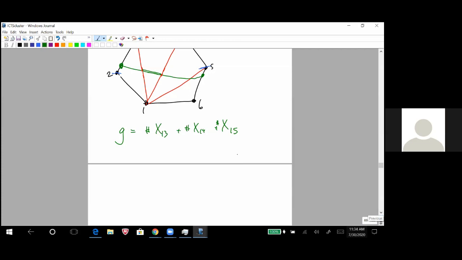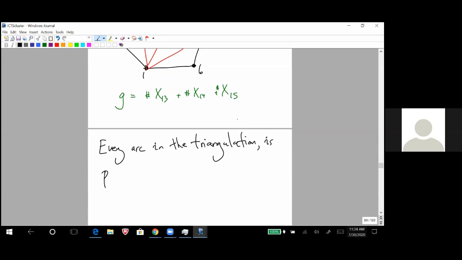Okay, so what is the rule? Well, the point is that every arc in the triangulation is the diagonal of a unique quadrilateral.